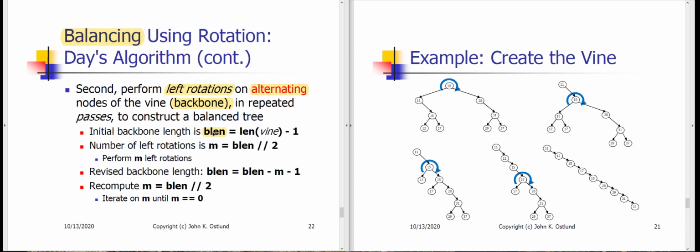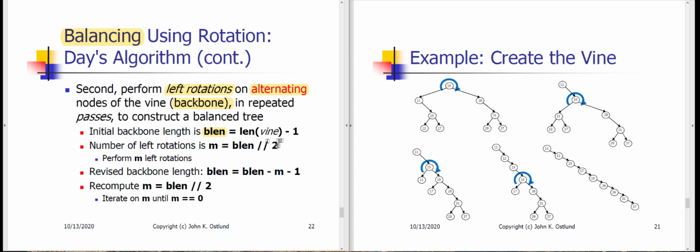We're going to start out with an initial backbone length of 1 less than whatever the vine length is. So for this vine, there are 9 values in that vine. We're going to start out with a backbone length of 8. Now, the number of rotations that we're going to do at alternating nodes is going to be, well, if we're going to do alternating nodes, that means every other node.